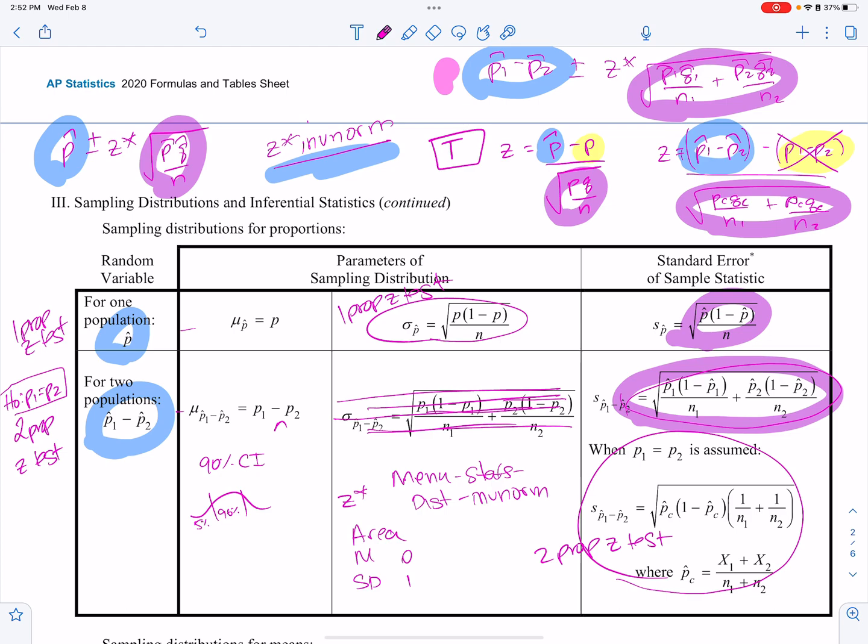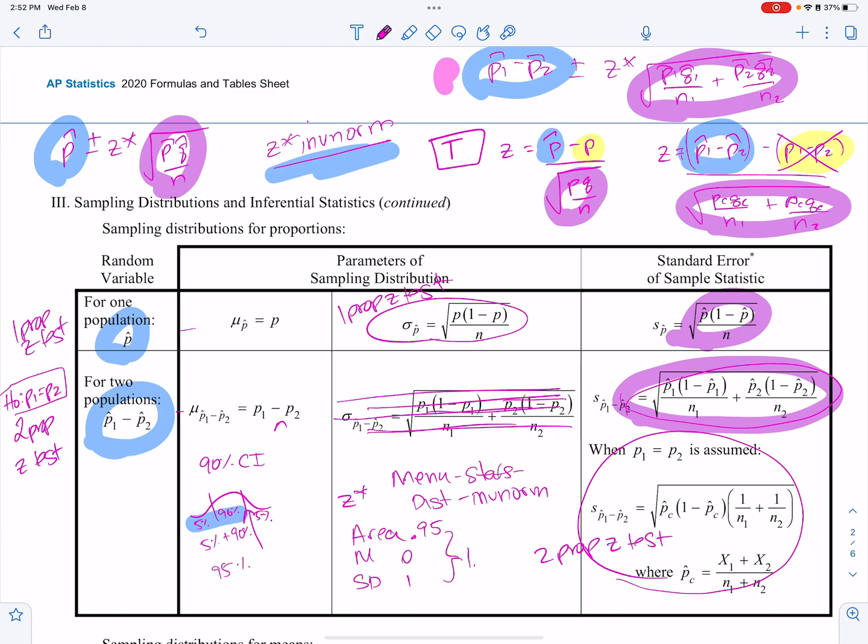Remember, there's 5% on here, 5% on here, and inverse norm doesn't know that I'm wanting the center 90%, so it starts at the beginning, so I'm going past the 90% to get to that spot right there, and that's 95%. So I have to put in my area 0.95.